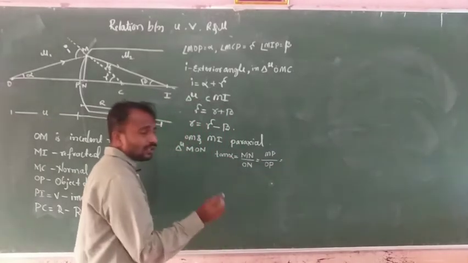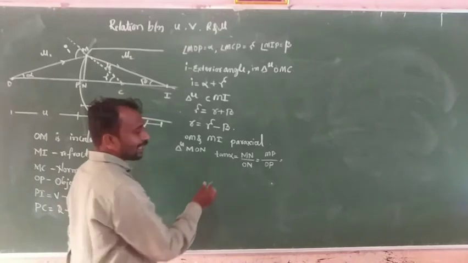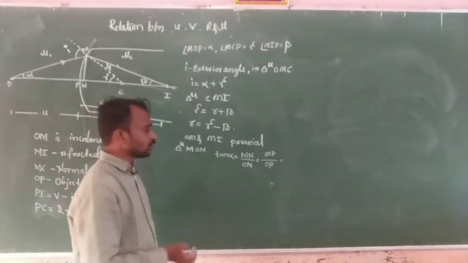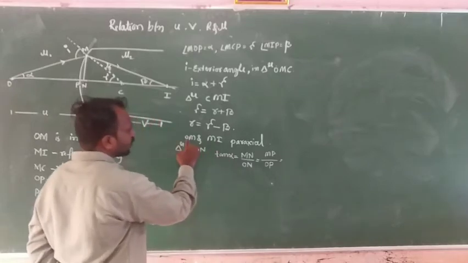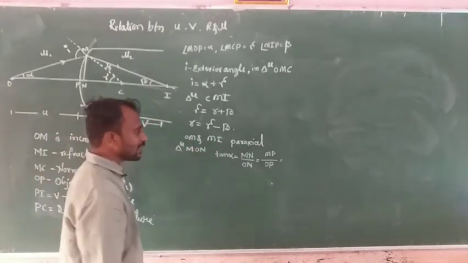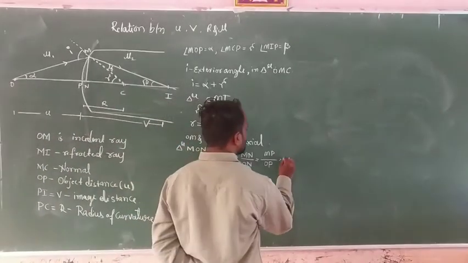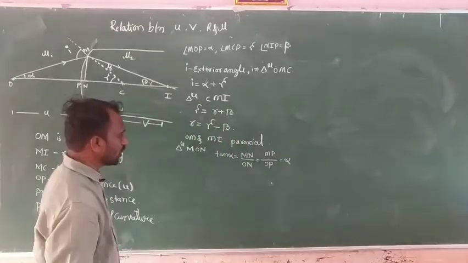Alpha value is very small. It means tan theta is nearly equal to theta, and tan alpha is nearly equal to alpha. Why? Because OM is a paraxial ray, so we consider that alpha.